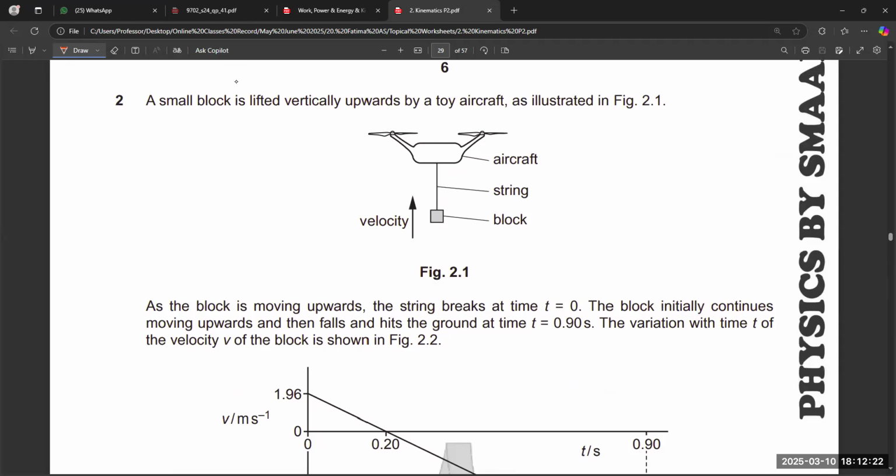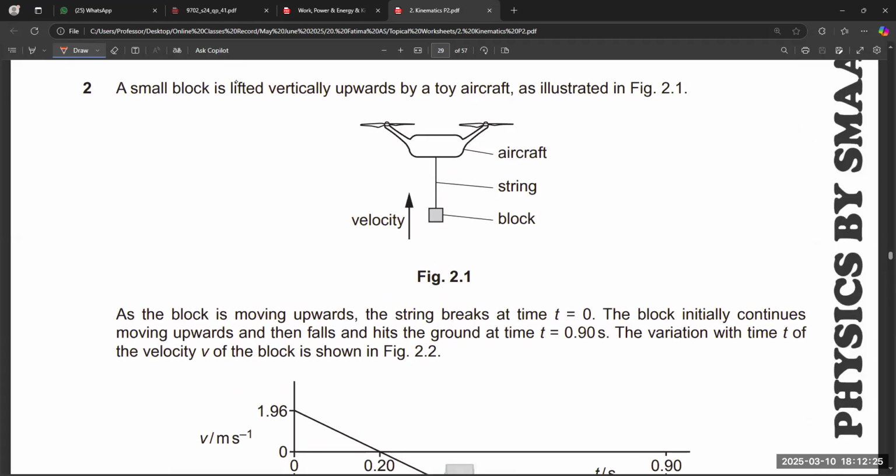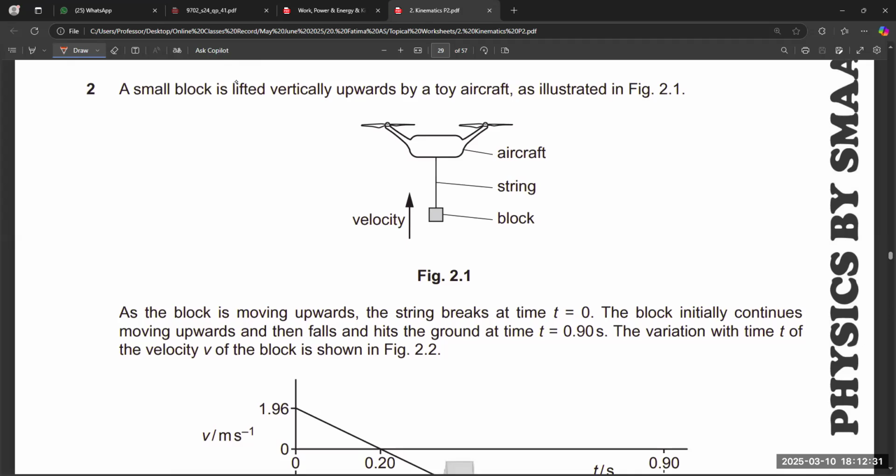For example, if we consider this question: a small block is lifted vertically upward by a toy aircraft.